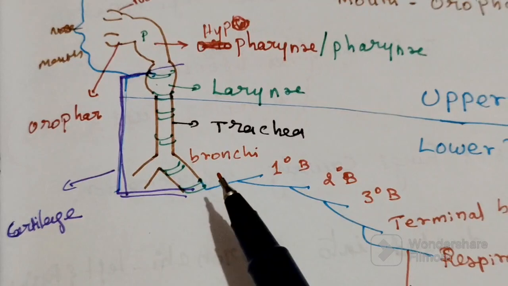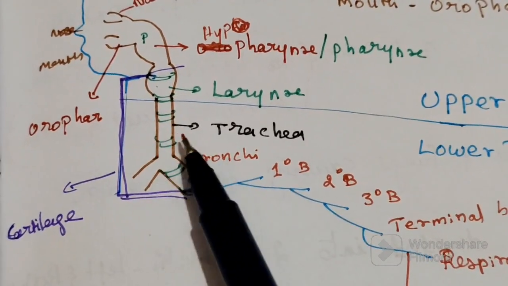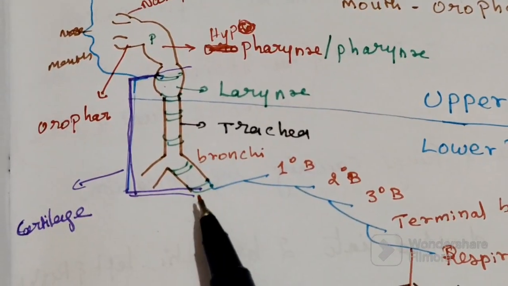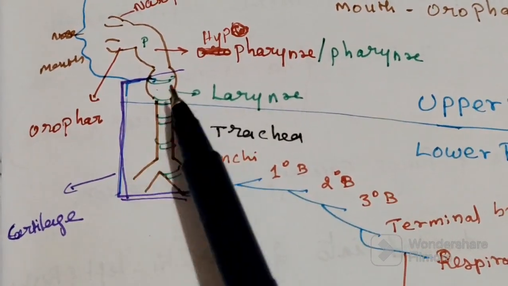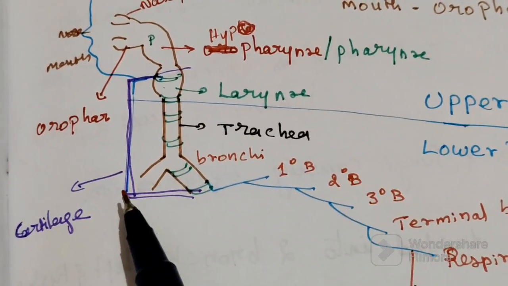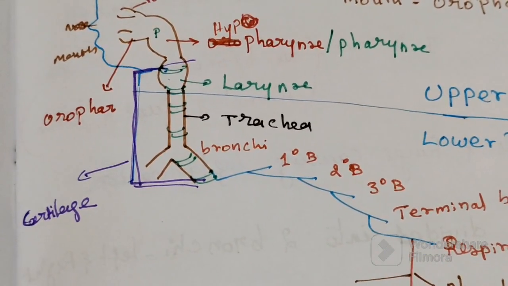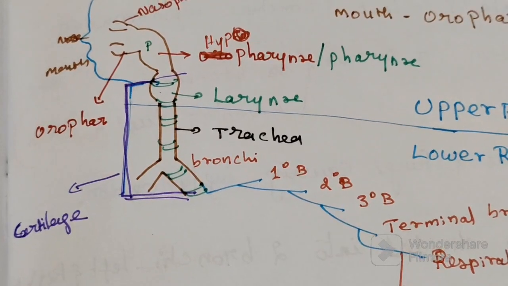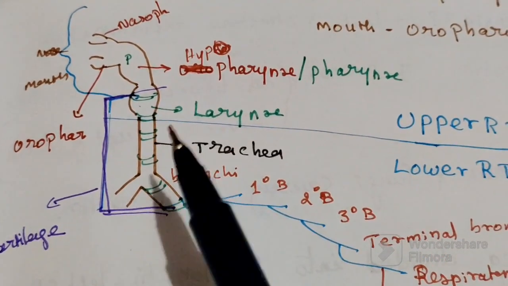Up to the bronchi there is cartilage. The larynx, trachea and bronchi, these three have cartilage. After the bronchi, cartilage is absent.